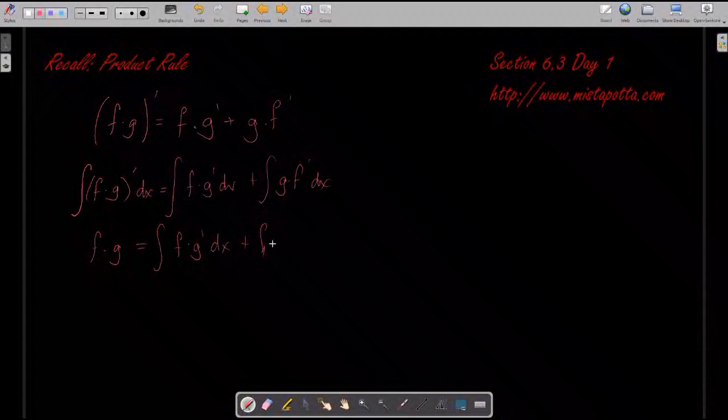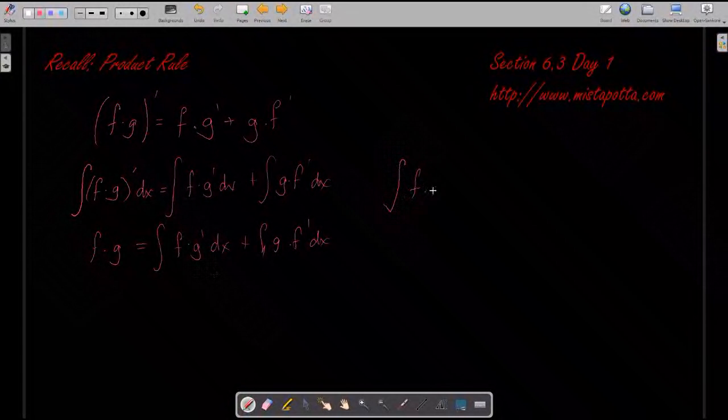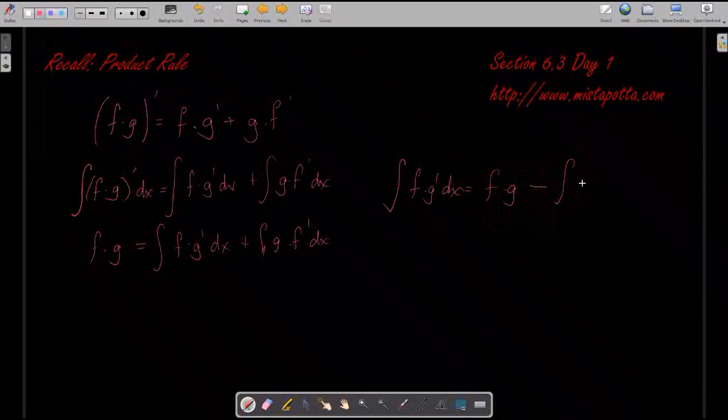But the other idea here is that I can actually solve for one of these terms. I can say that the integral of f times g prime dx is equal to f times g minus the integral of g times f prime dx, by moving this term to the other side of the equation.